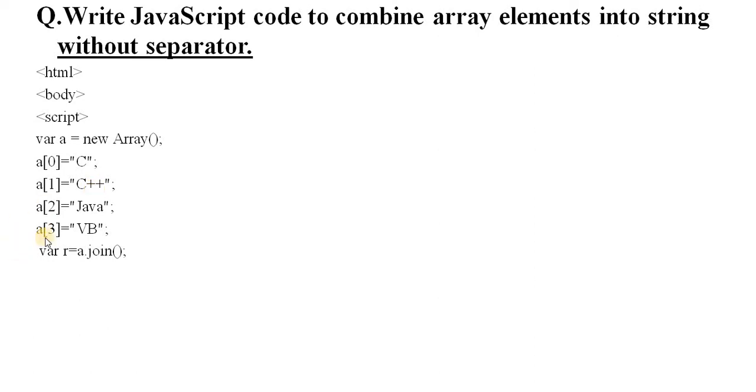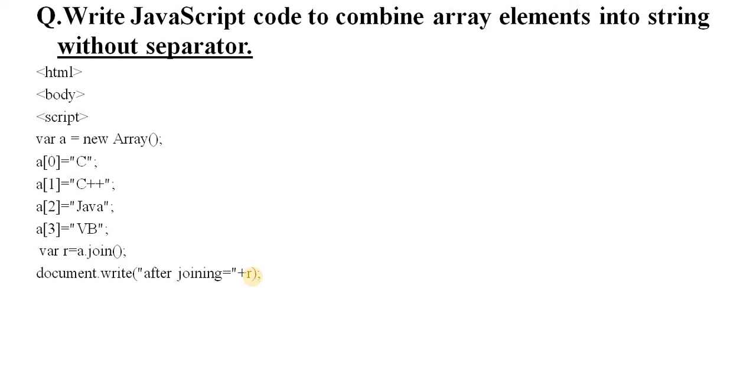And here I am declaring one variable, r = a.join. By using the write method, I am displaying the result on a web page, that is, "after joining is" plus r.